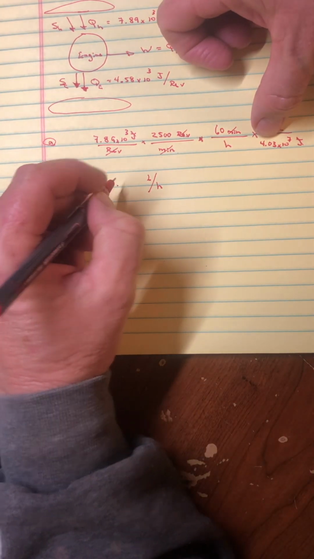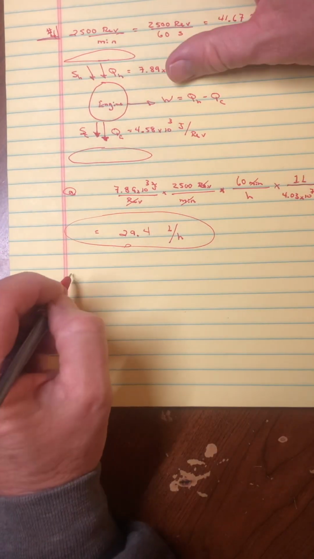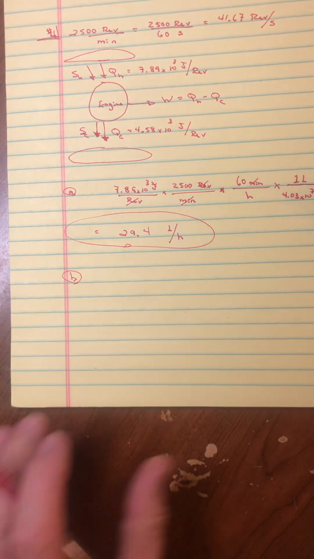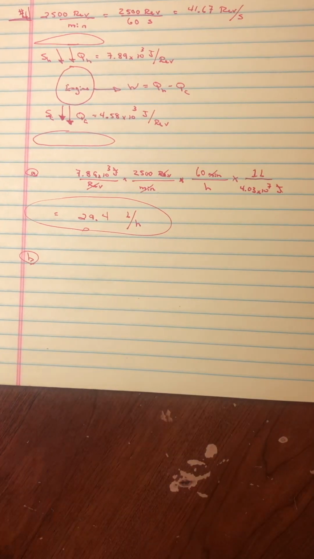And it looks like about 29.4 liters per hour is our consumption rate of this plane. Okay, and so if I was a pilot or engineer here and trying to figure out this operation, this is what we need to account for. 1 hour of flight, it's going to be roughly 30 liters. So make sure we have enough fuel to get wherever we're going.